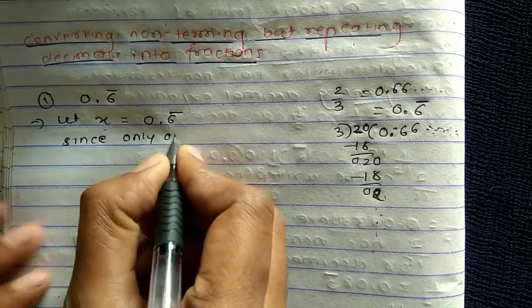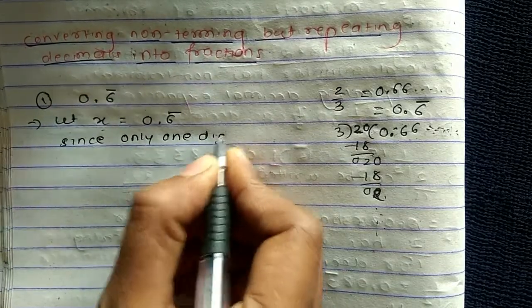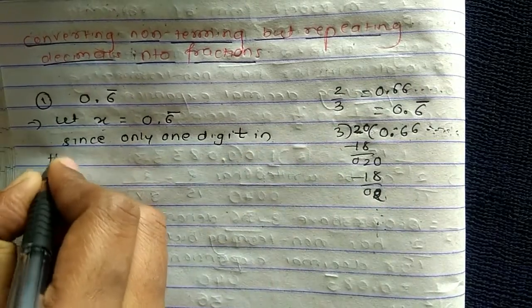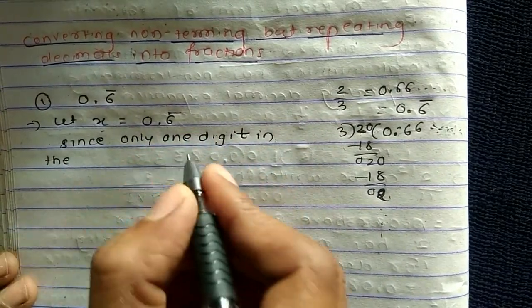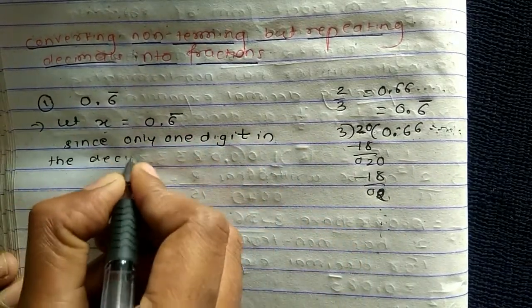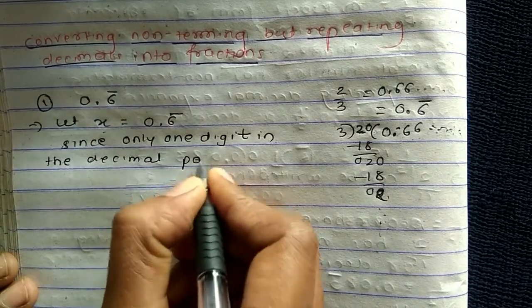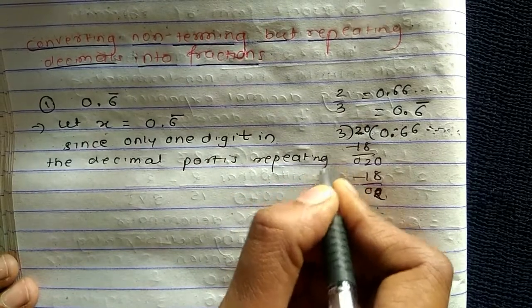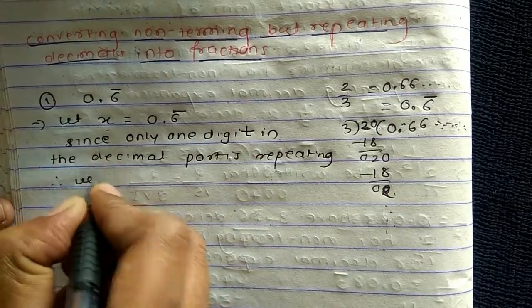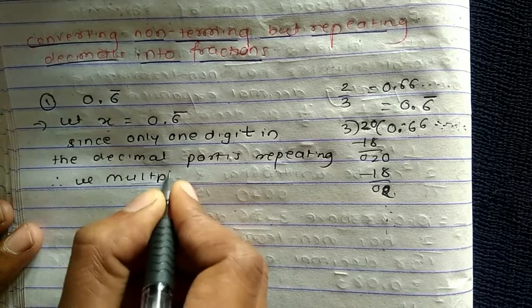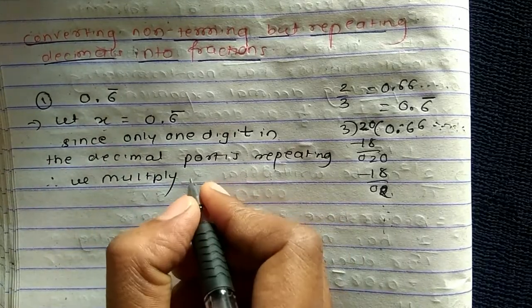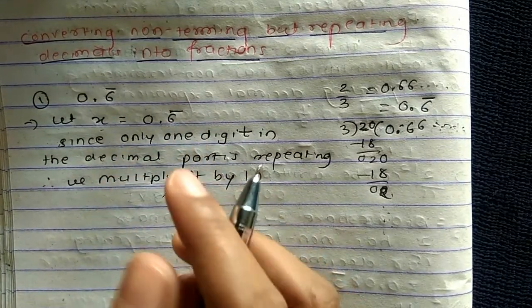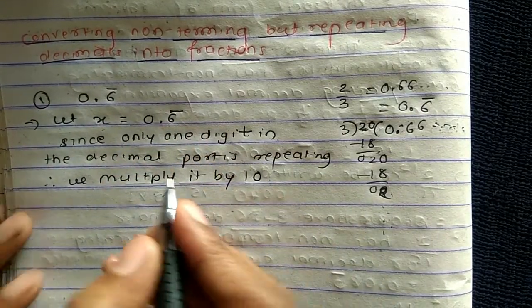You have to observe the decimal part. Only one digit in the decimal part is repeating, therefore we multiply by 10 on both the sides.